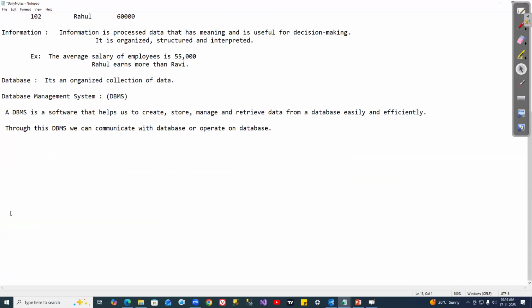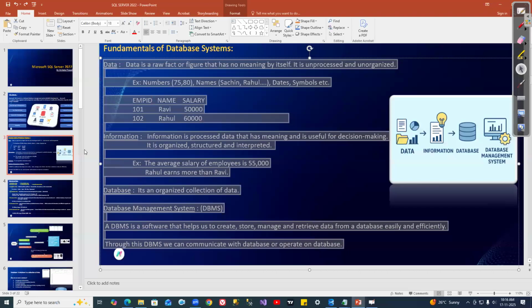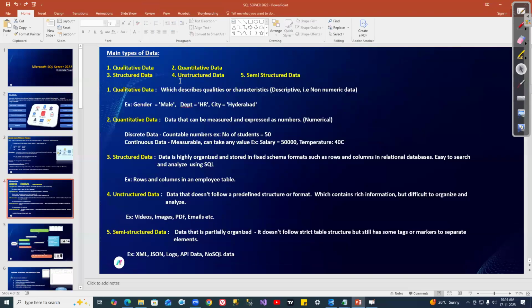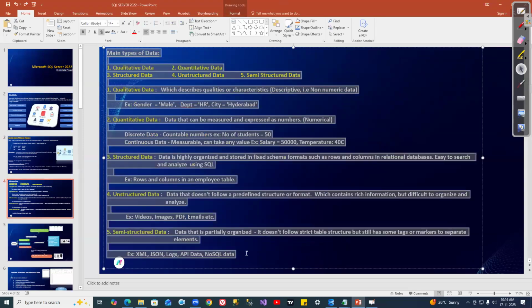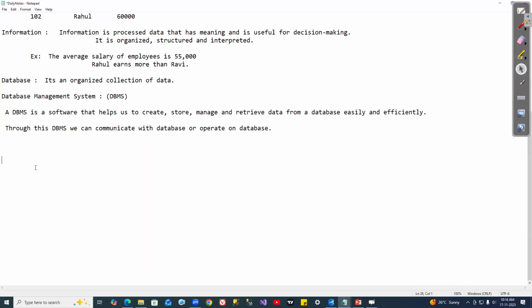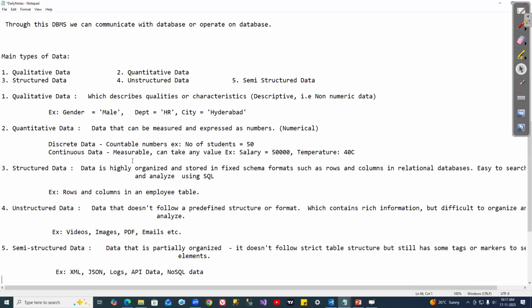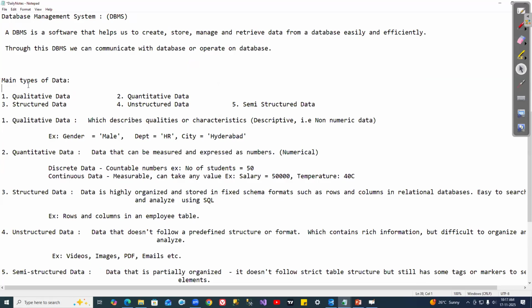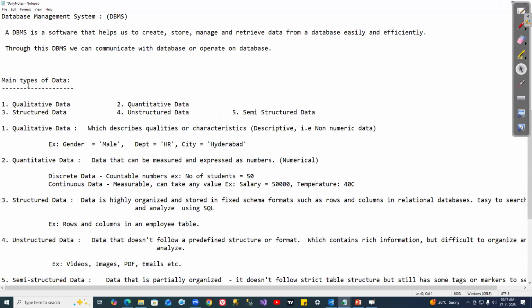Let us try to understand. We have several types of data available, and I mentioned only 5 types here.